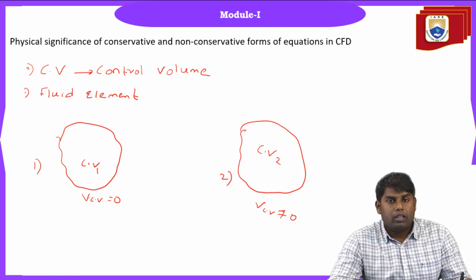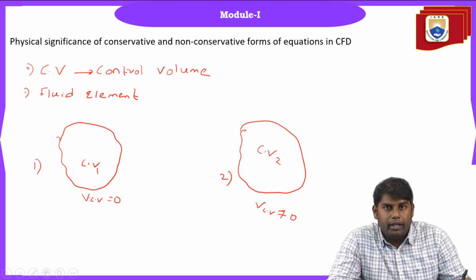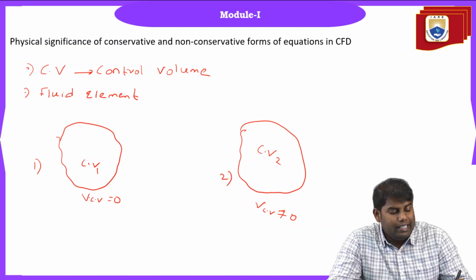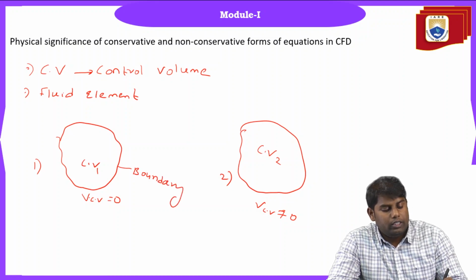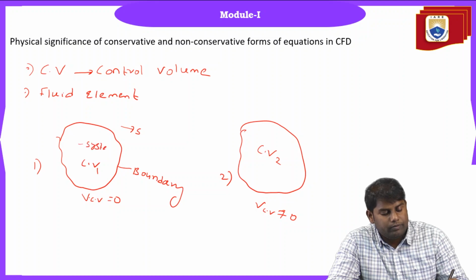Here, in thermodynamic entities, we have seen basic things. The outer part, which we call the boundary. This one is called surroundings, and this one is called system.